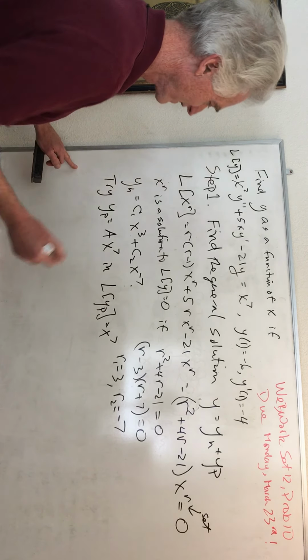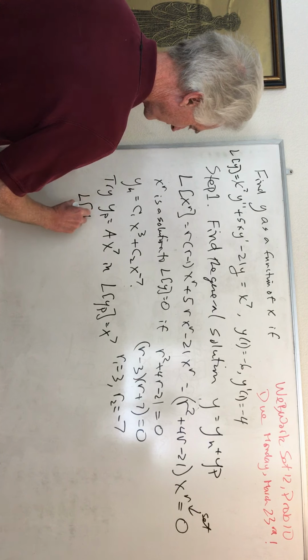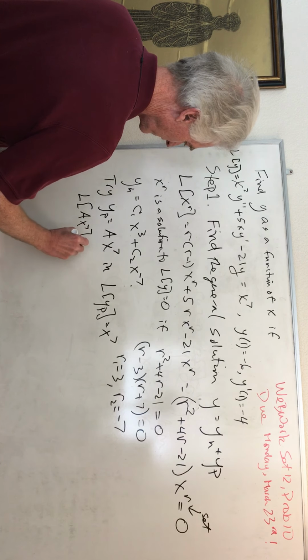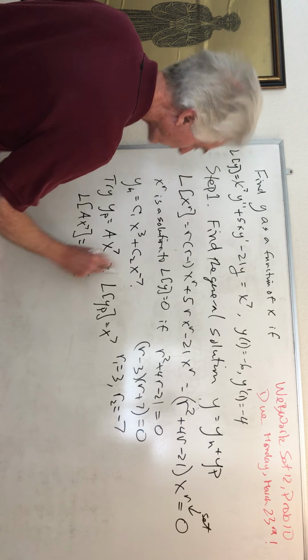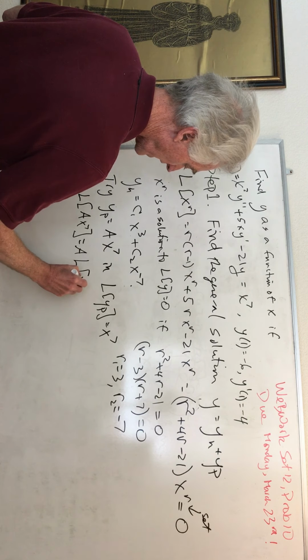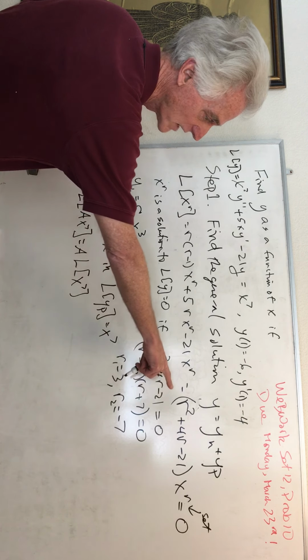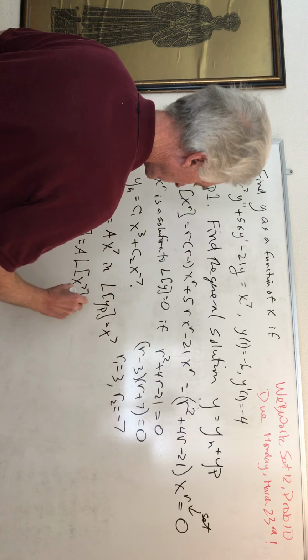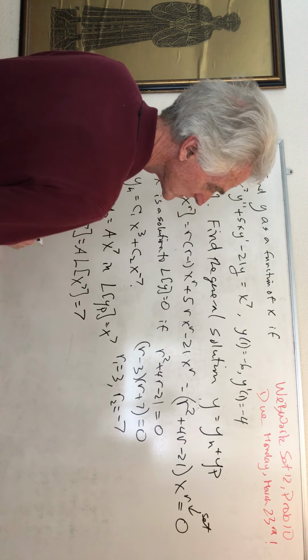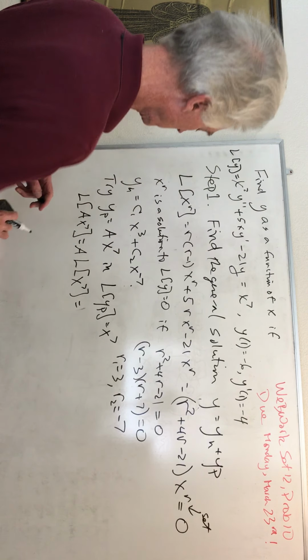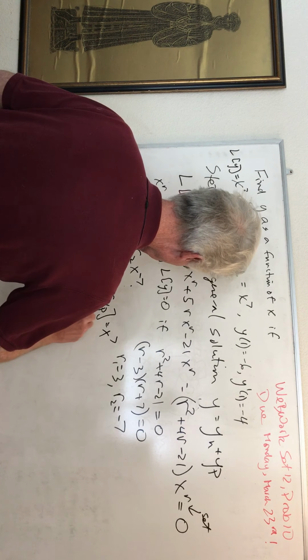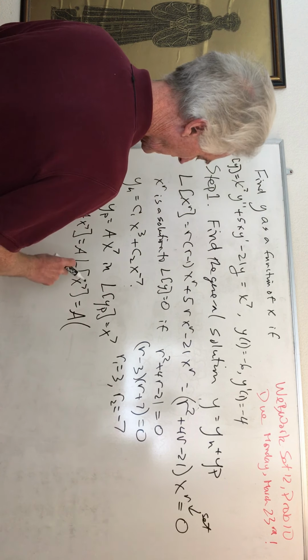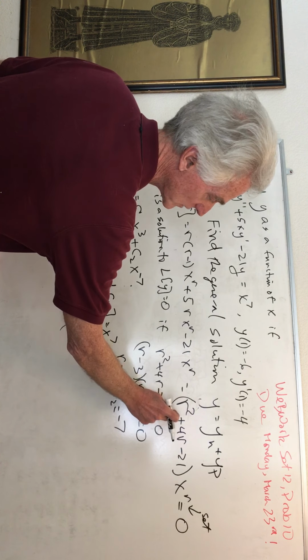Well, we've actually done a lot of the work. L acting on ax to the 7th is a times that whole left-hand side acting on x to the 7th. But we've already done that. In fact, let's use this factored form. It's going to be a times, what happens when I put in r equals 7?